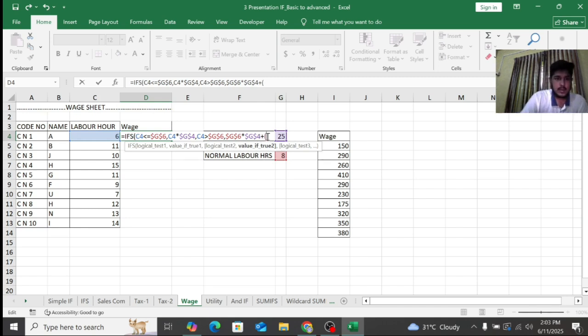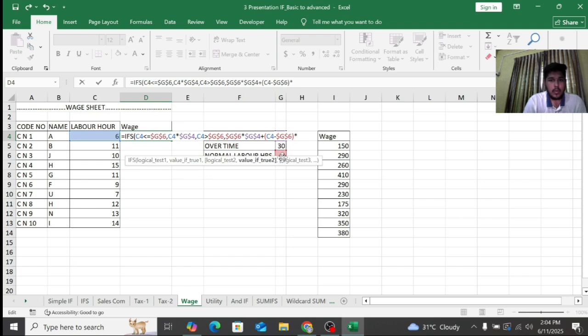So for this we have to calculate our general labor hour minus normal labor hour, and to count it on a basis of $30, and bracket close, we get enter.